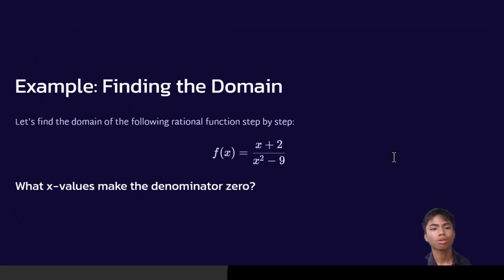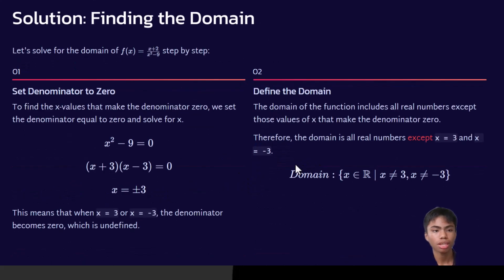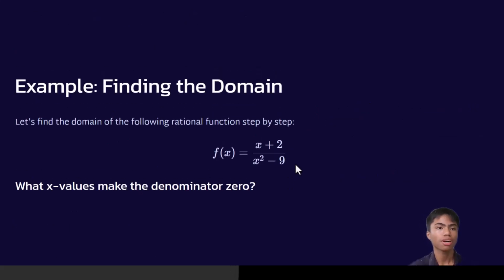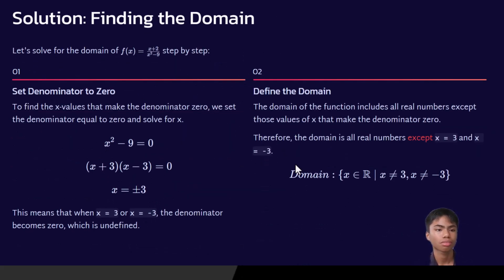In this example, we must find the domain. We have f of x is equal to x plus 2 over x squared minus 9. In step 1, you may notice that the numerator is not included, because in finding the domain, we only focus on the denominator. To find the x values that make the denominator 0, we set the denominator equal to 0 and solve for x.